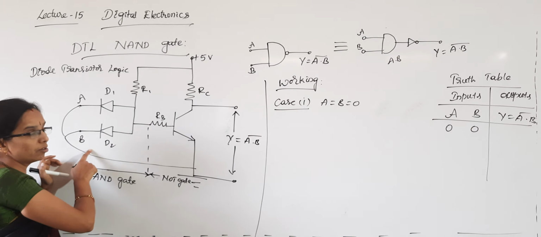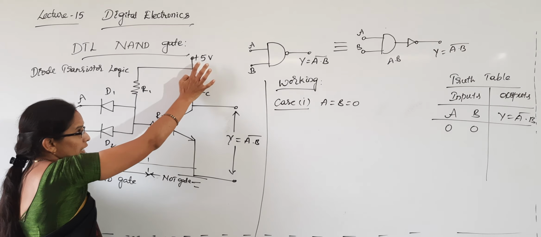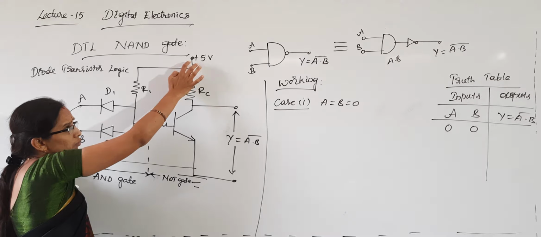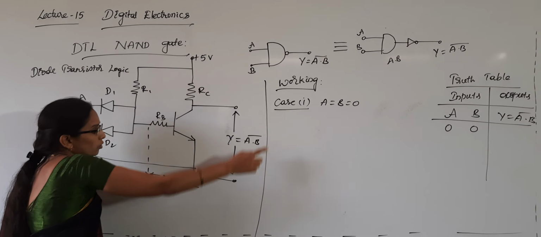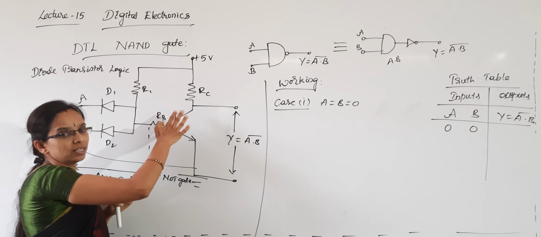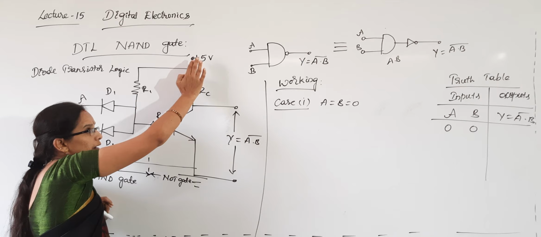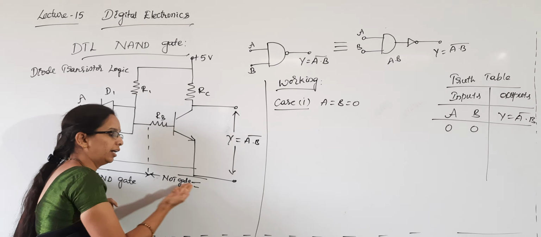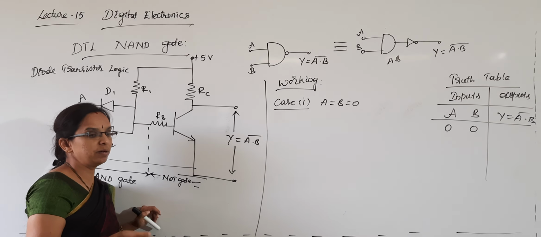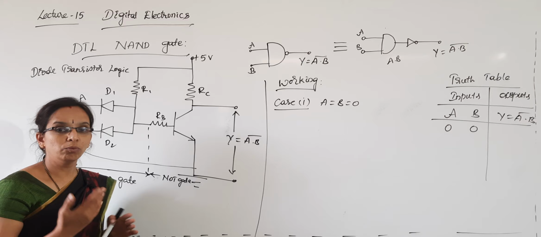You can observe a 5 volt battery is connected here, plus 5 volt is here, and the minus terminal will be connected to ground. That is not literally shown in the circuit, but it is understood. Once you do the practical experiments, you will understand it better.